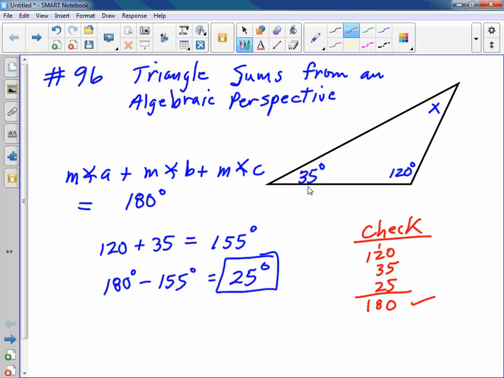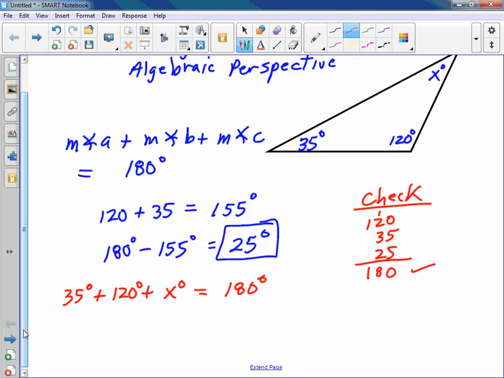We can say 35 degrees plus 120 degrees plus x degrees equals, you guessed it, 180 degrees. Then we could add the two together, 35 and 120, and say 155 degrees plus x degrees equals 180.